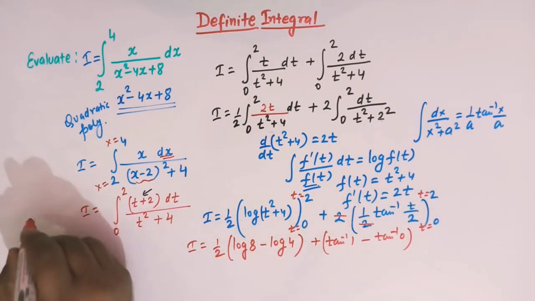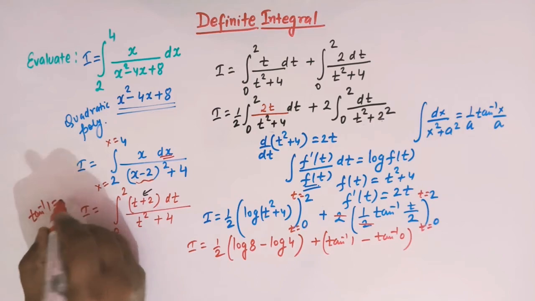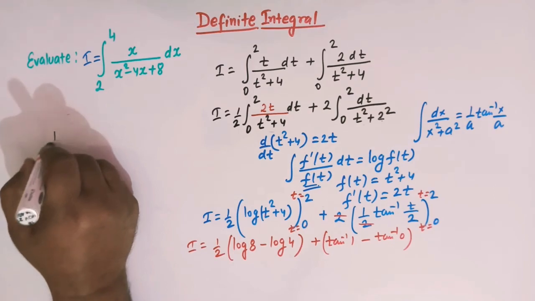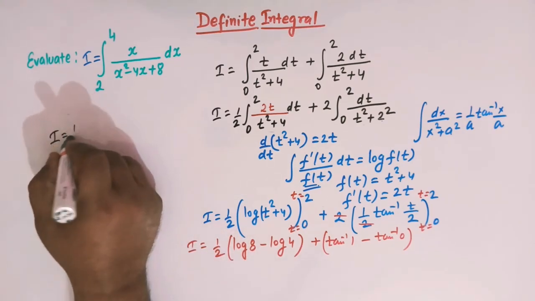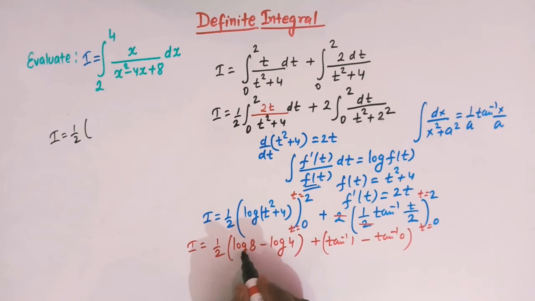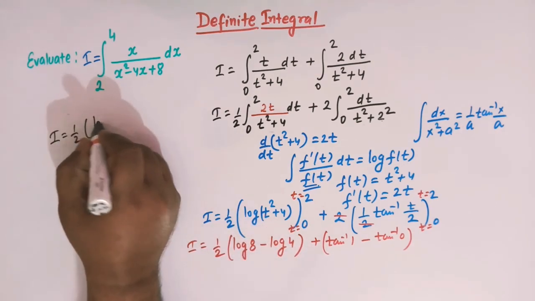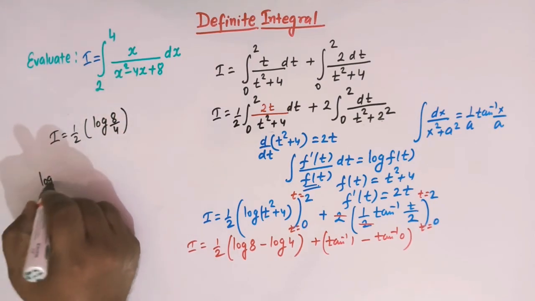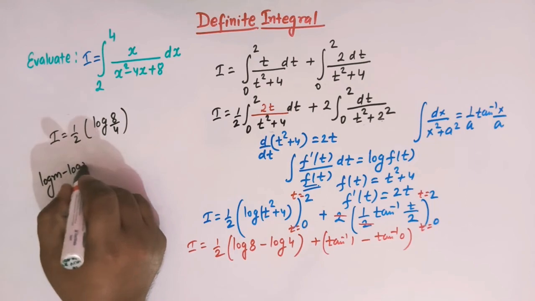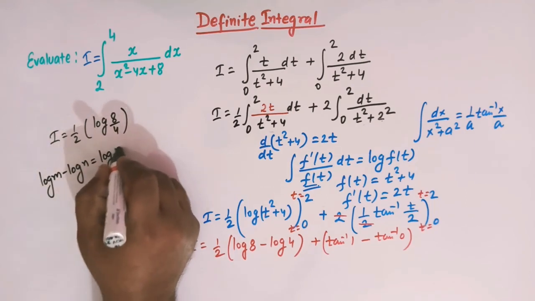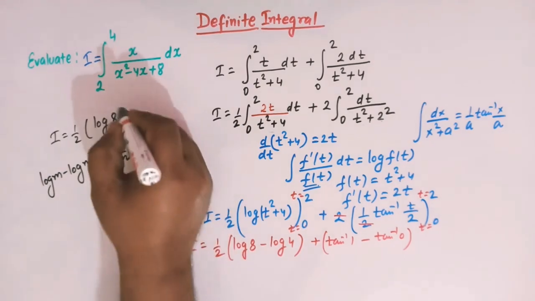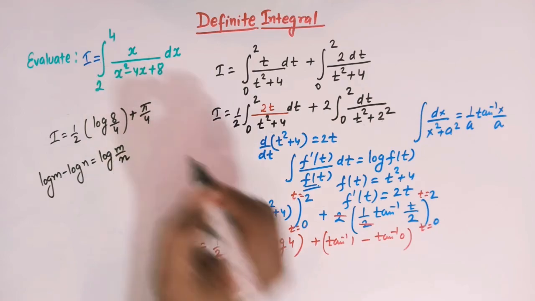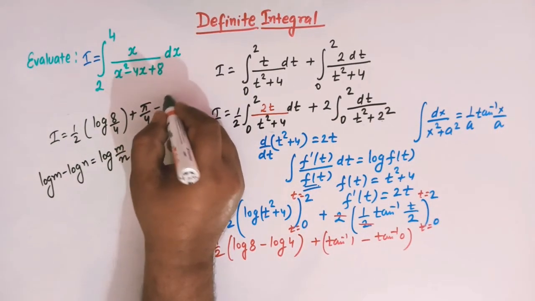And we know that tan inverse of 1 is pi over 4. So now I can be written as half, and log 8 minus log 4 can be written as log of 8 over 4, because log of m minus log of n is equal to log of m over n. And here we have plus tan inverse 1 is pi by 4, and tan inverse of 0 is 0.